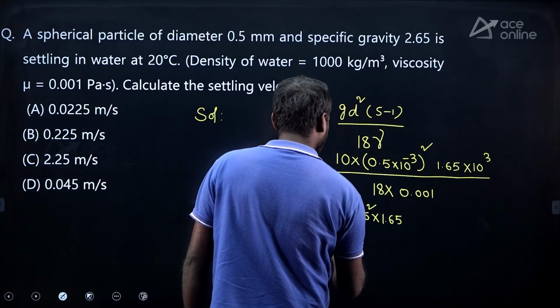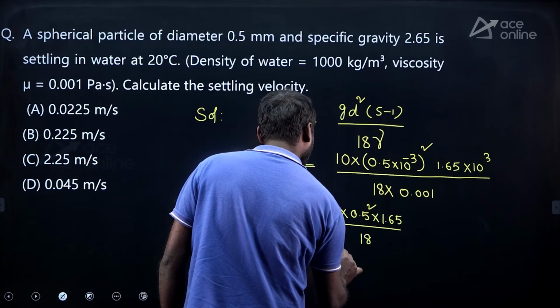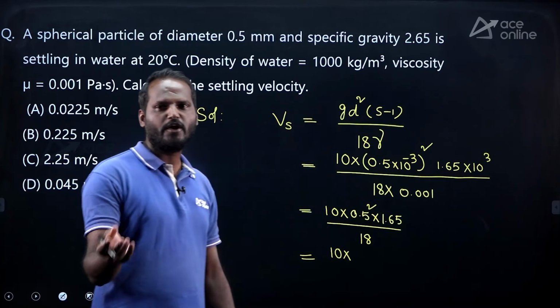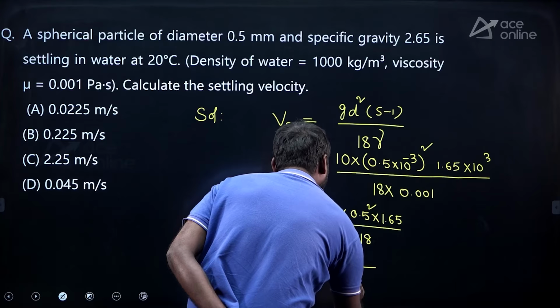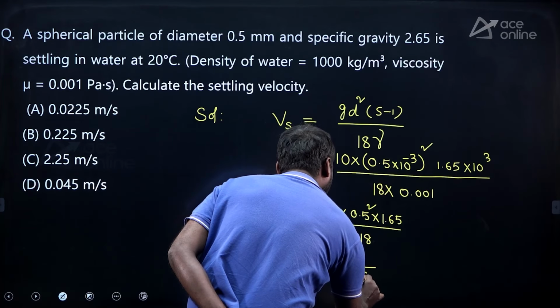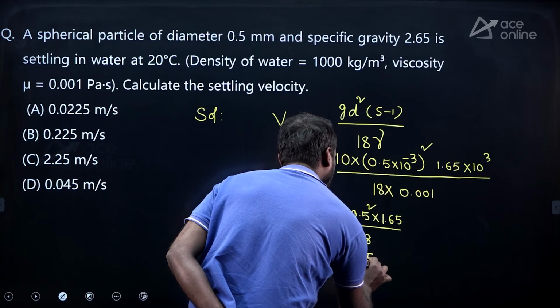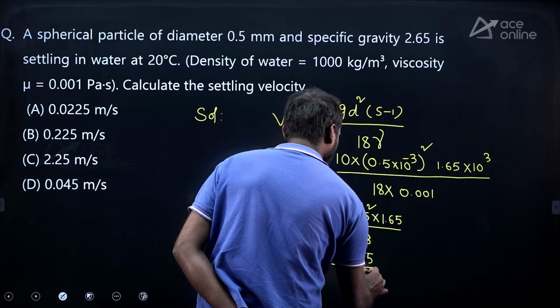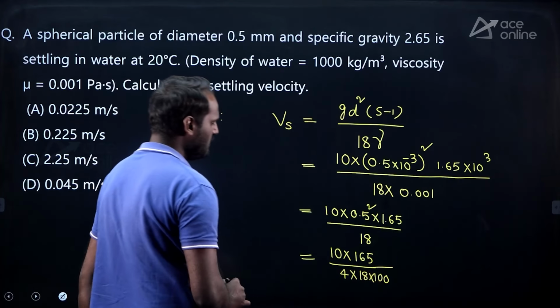1.65 divided by 18. Now you can further evaluate 10 into 0.5 square means 0.25. 0.25 is 1 by 4, right? Therefore I am taking 4 here. 4 into 18, 1 by 4, right? 0.5 square into 1.65, 165 by 100 by 100. Okay, let's deal with this.